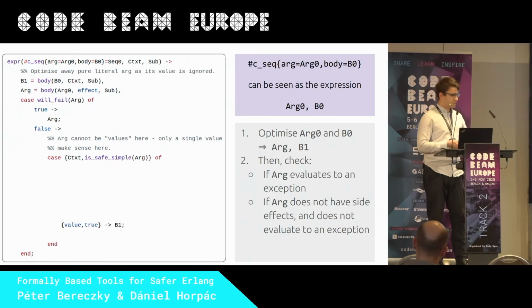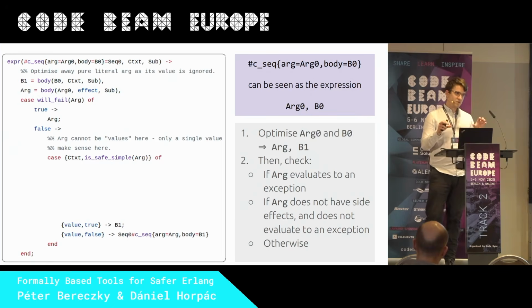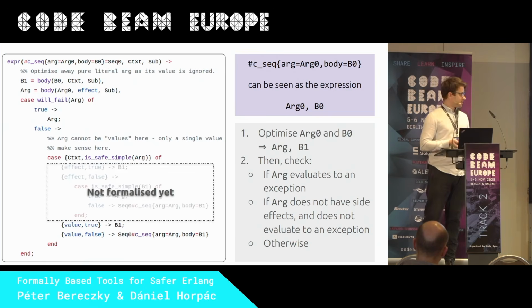So in this case, you can return B1. And if none of the checks pass, then you can just optimize the two expressions of the sequence and recompose the sequence. And here is a small spoiler alert.